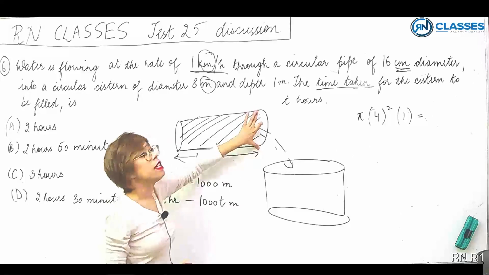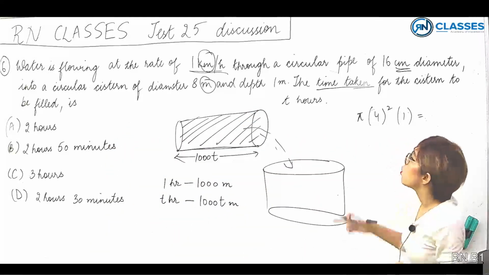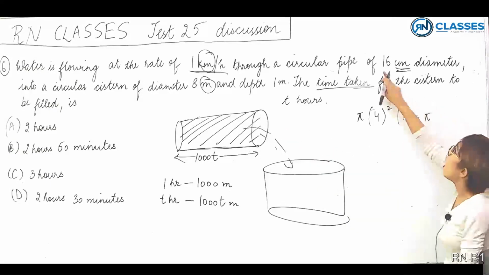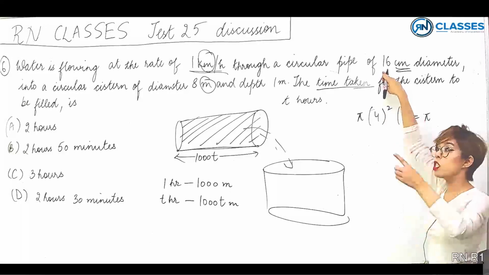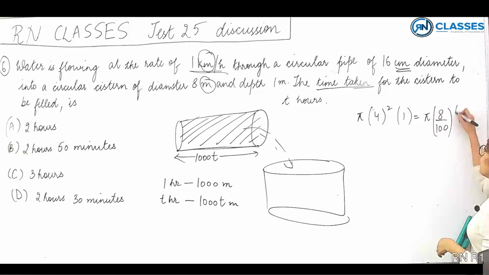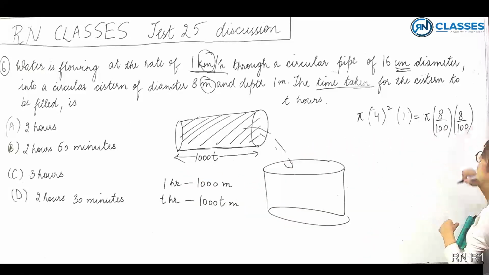And I already know the diameter, so that means I know the radius. So volume of the cylinder is pi r square. Now r is 8 centimeter, right? But I need to change it to meter. So 8 by 100 into 8 by 100 into the length of the cylinder, 1000 T.